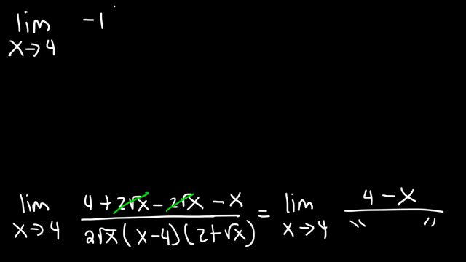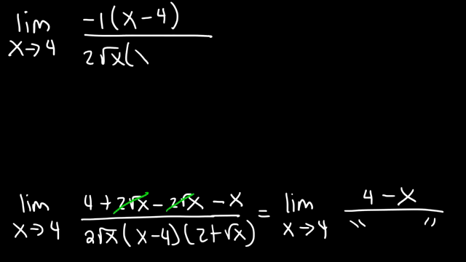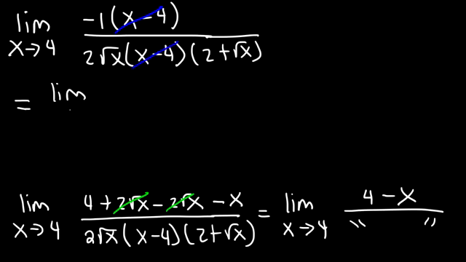So negative 1, and this is going to change to positive x, and plus 4 is going to change to negative 4, just like we did before. So now notice that we can cancel the x plus 4 terms at this point. So this is what we have left over.